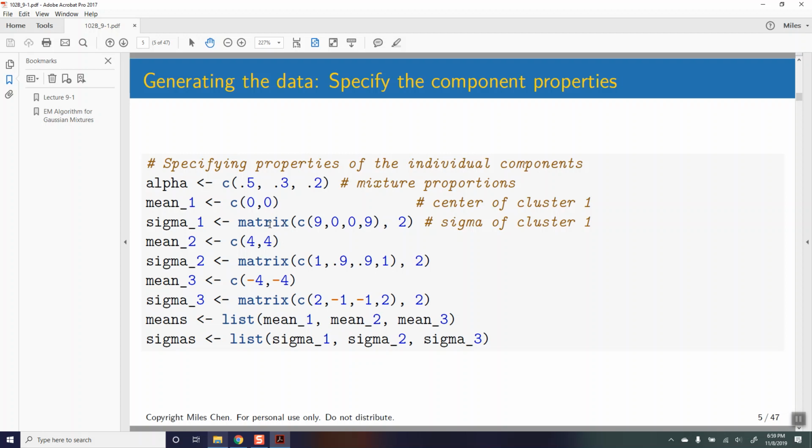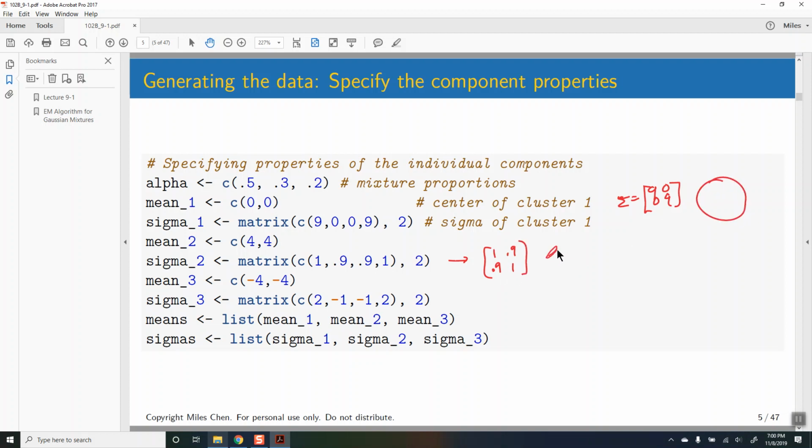The one centered at 0, 0 has sigma matrix 9, 0, 0, 9, meaning we have large variance and no covariance, so this one will look like a big circle.